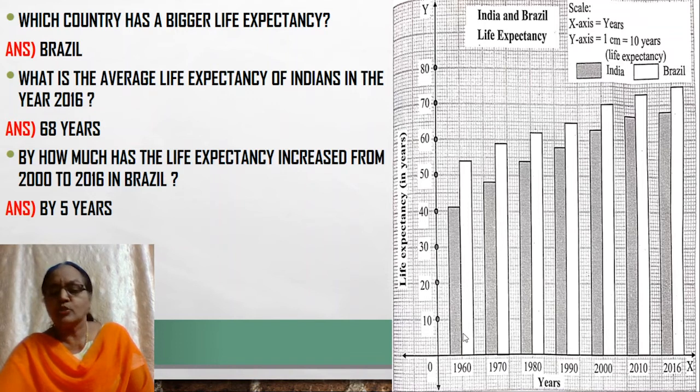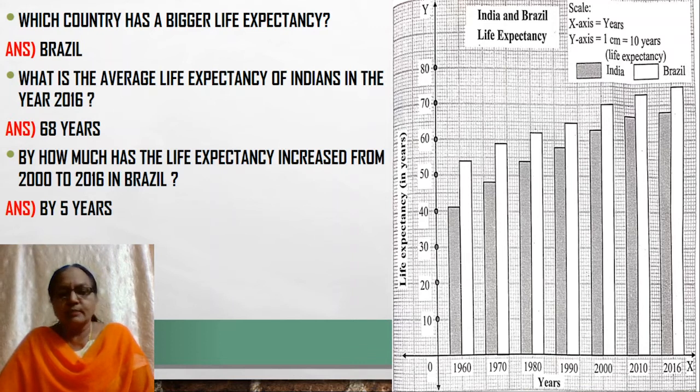Now, this is a joint bar graph or multiple bar graph. Look at this bar. The darkened bar shows the life expectancy of India, and the dark one shows you the life expectancy of Brazil.